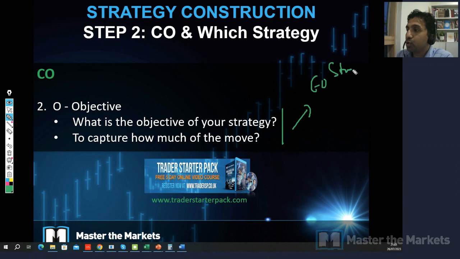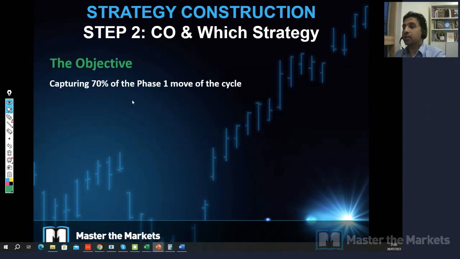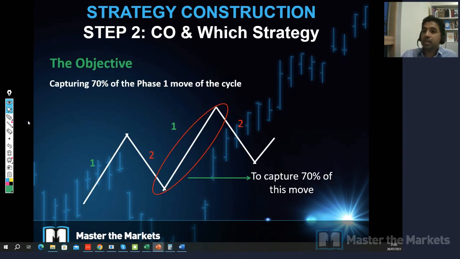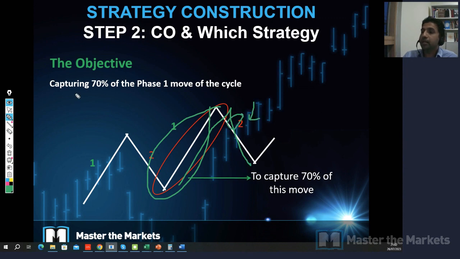And you align this objective along with your end outcome on how your strategy needs to look like. Remember, what strategy would you prefer? So that's how you look at it, right? So, for example, in a swing move, you want to be capturing. Let's say you just want to capture only phase one trend following strategies, phase one of a cycle, only in alignment with the trend, not the phase twos counter trend. Then one key thing you can look at is capture 70% of the phase one move.